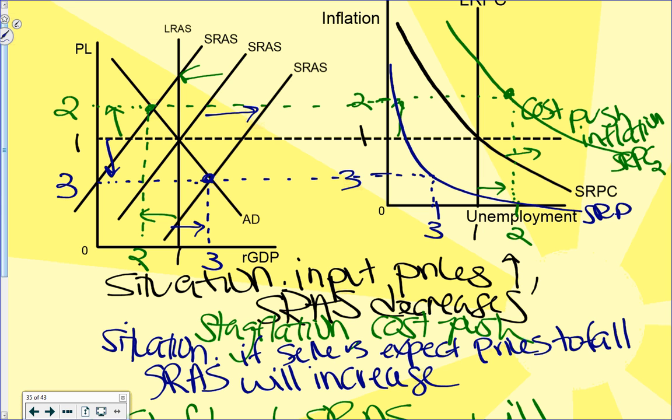Short run Phillips curve 3. There's no name for that. But the short run Phillips curve shifting inwards is the best type of shift, because short run aggregate supply shifting rightwards is the best type of shift. They're the same. Rightward shifts here, leftward shifts here. The shift of aggregate supply will cause a shift of the Phillips curve just in the opposite direction.